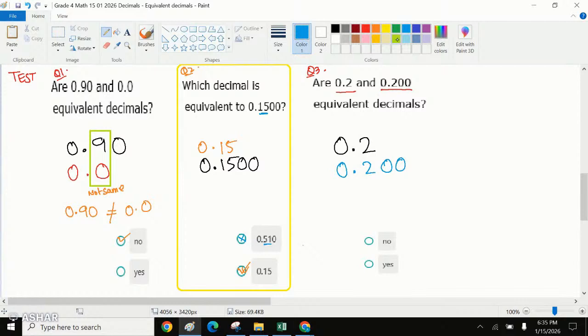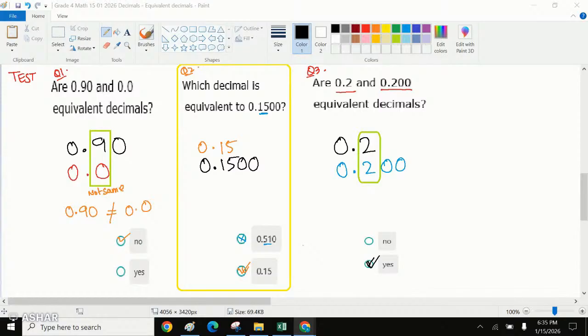Ignoring the zeros at the end, if the numbers are the same, then yes, they are equivalent fractions. We can only ignore the zeros at the end, not in the middle of the numbers.